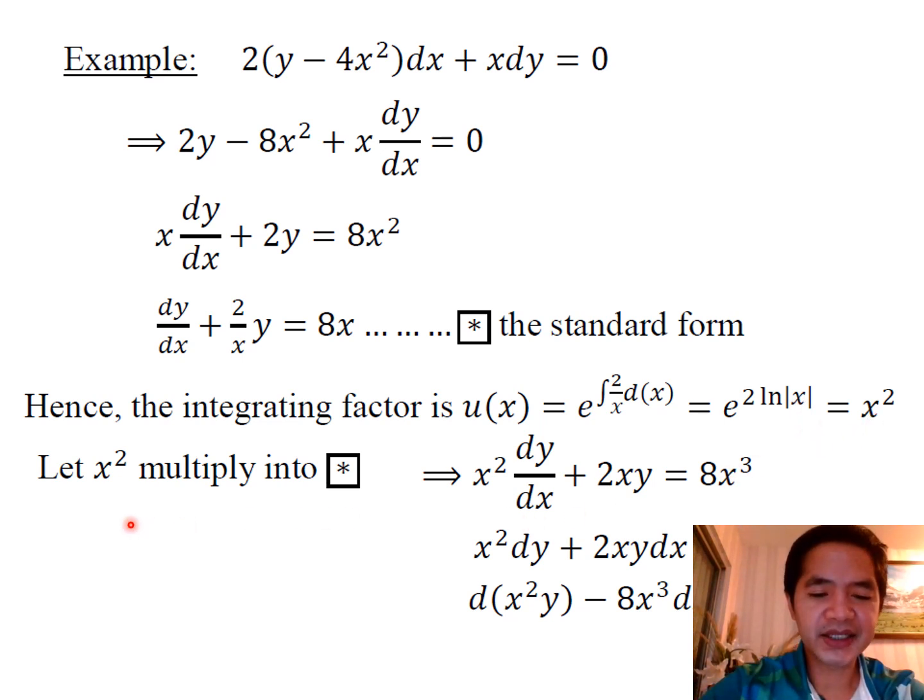Now multiply the integrating factor into the problem again. From the problem, we get x squared dy over dx plus 2xy equal to 8x to the third. You multiply into this one and this one. It doesn't matter, but this one can be easier, I think.